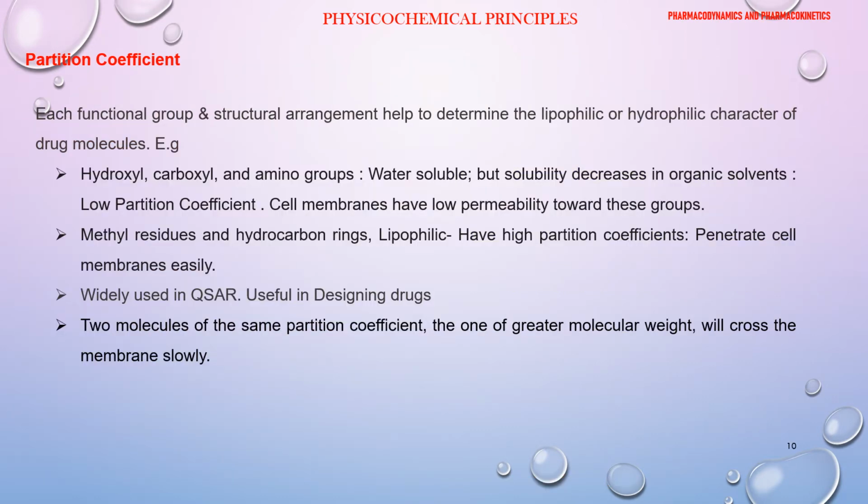The functional group and structural arrangement of the atoms help to determine the lipophilic or hydrophilic character of the drug. Example, the hydroxyl group and the carboxyl groups are hydrophilic, hence low partition coefficient, while the methyl residues and hydrocarbon rings are lipophilic. These properties are useful in designing chemotherapeutic and pharmacological drugs.